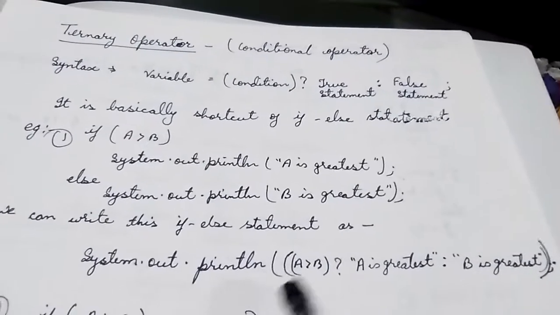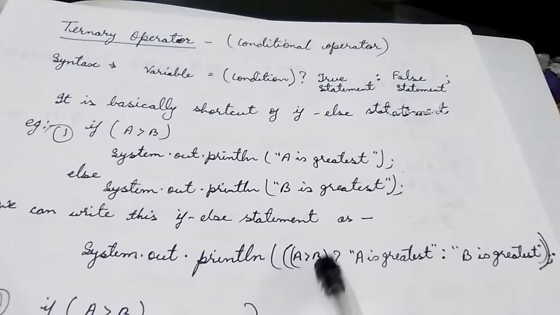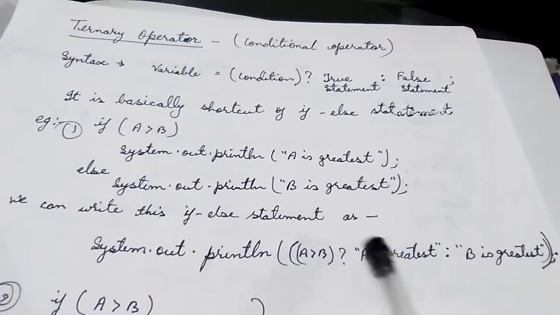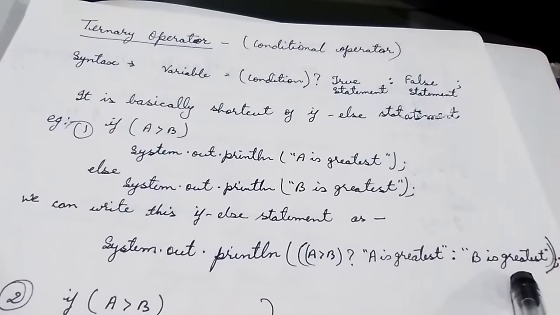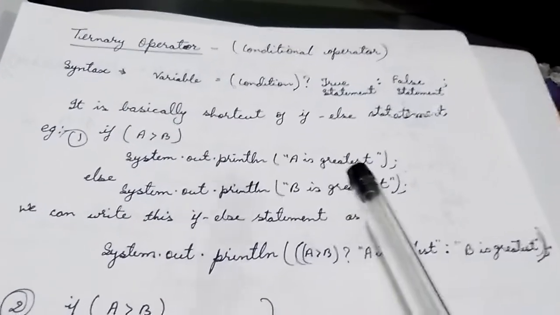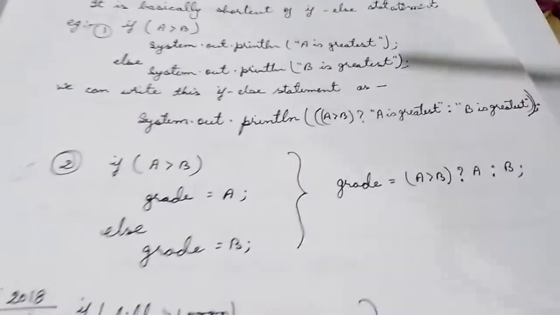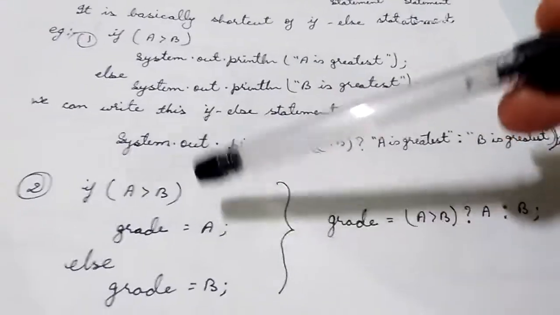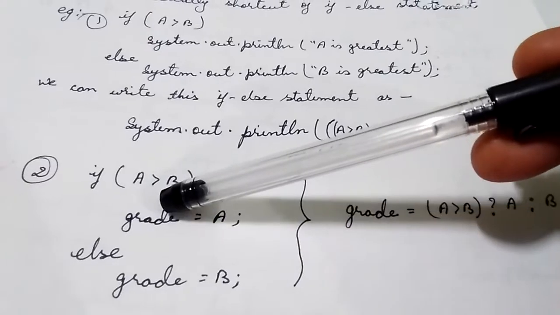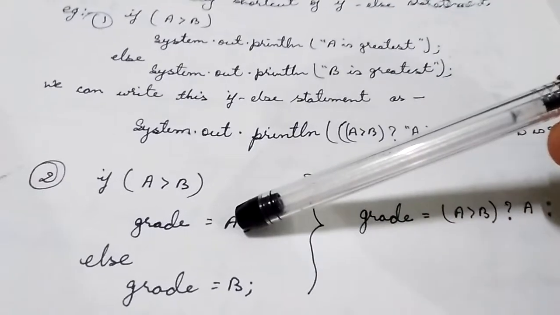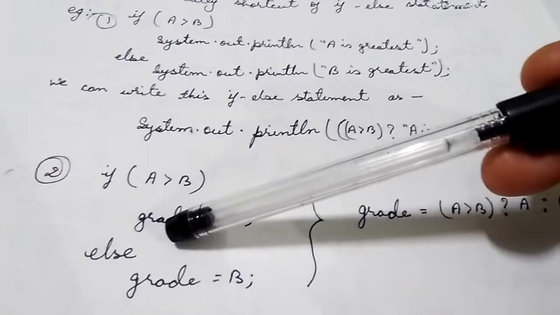So in this, if the A value is greater than B, it will print A is greatest. If the A value is less than B, it will print B is greatest. The same example we can see here, but A and B are not directly printed. The printing is done of grade, so we have to pass the value to grade.